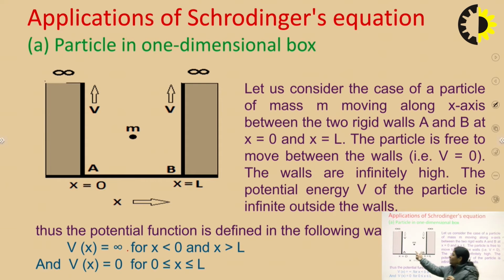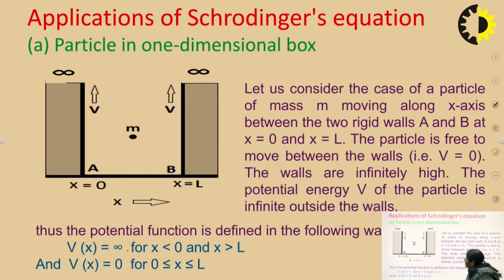So inside the boundary, it is not experiencing any interaction. Therefore, the interaction has to be 0. And when the interaction is 0, x is between 0 and L, which tells us that the particle is very well placed inside the box. All right, now the discussion of the potential energy is done.